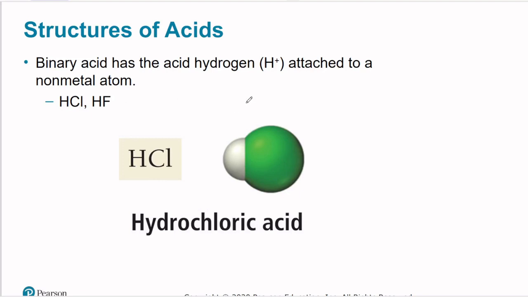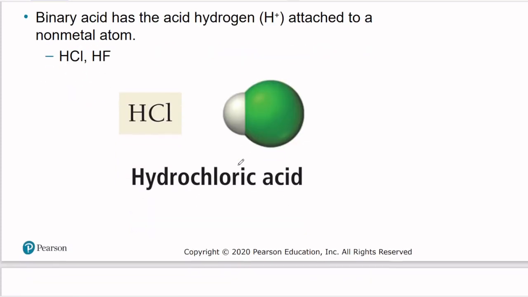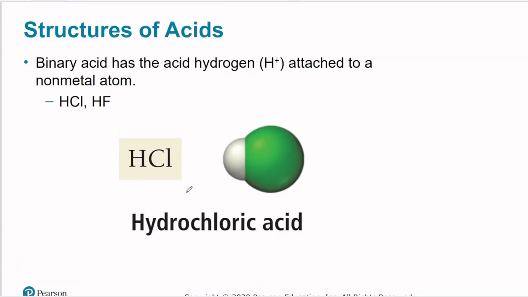According to our Gen Chem definition of acids, acids have a hydrogen that can be released in water to increase the H3O+ concentration, and we'll talk about that a little bit more later on. But the first type of acid we're going to discuss is a binary acid, and these form from hydrogen attached to a non-metal atom. And so if we look at the periodic table, that's going to be HCl, HBr, HF, and HI primarily.